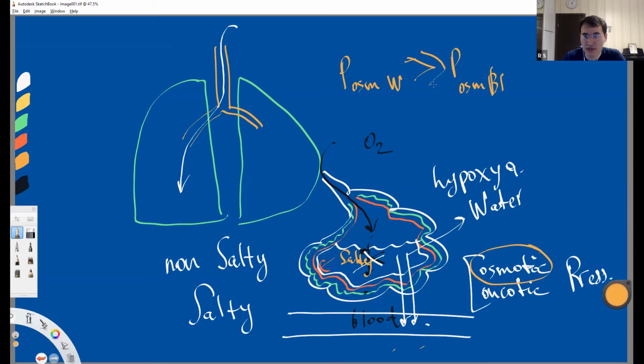And sometimes it's much more. The pressure is much larger. And in this case, it will suck water from the blood and the alveolar sac will never be freed from this water. So whenever the salty suffocation happens, it's much worse.